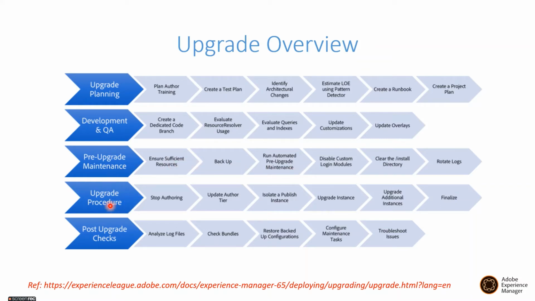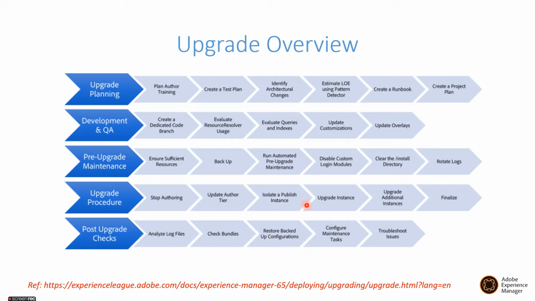And then during the upgrade, you might start from your author instance first, and then when you do the upgrade in your publish instance, you might need to isolate it from your load balancer.